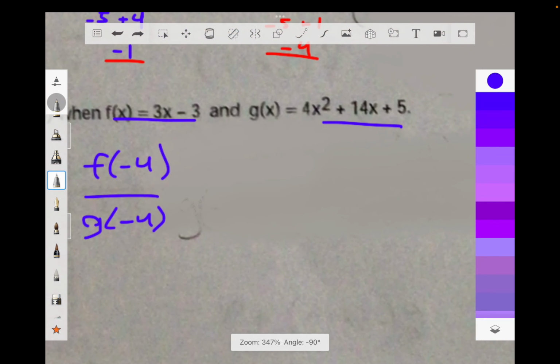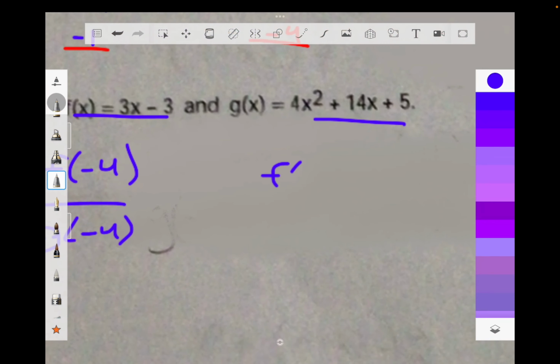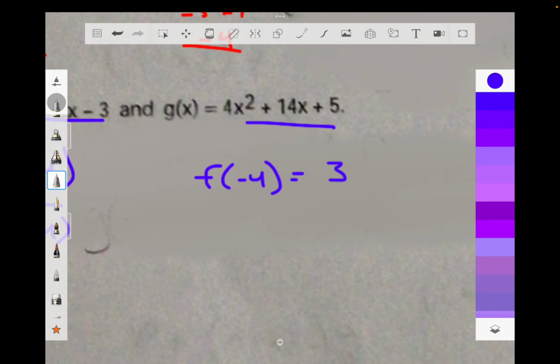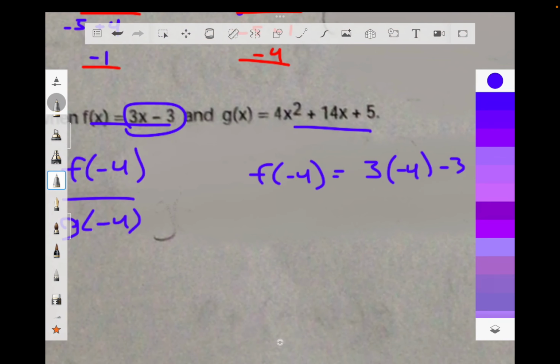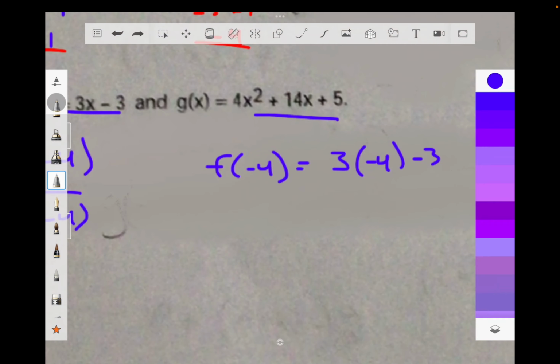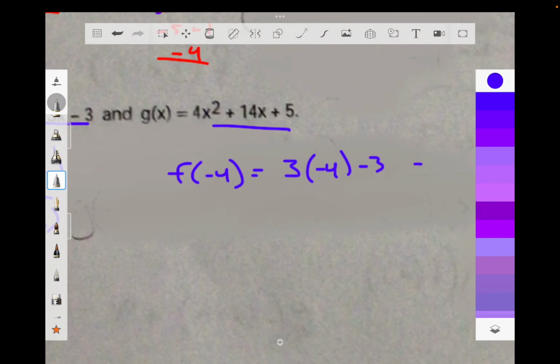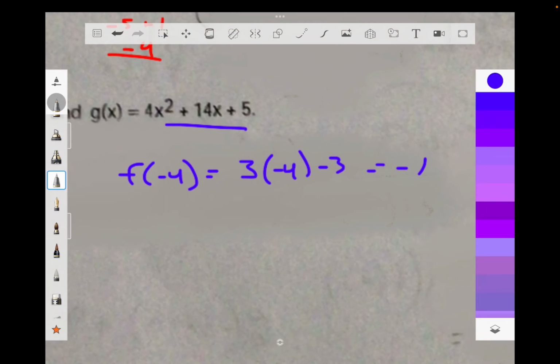So f of -4 is equal to 3 times -4 minus 3. Same equation, just replacing the x with -4. That's -12 minus 3, which is -15.